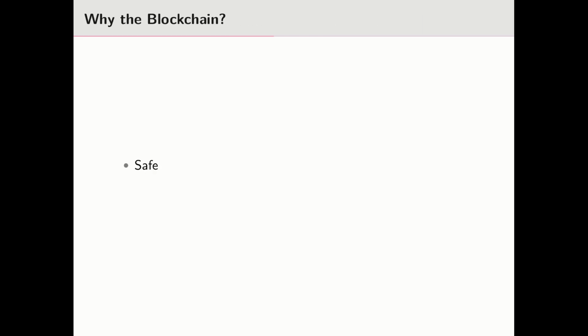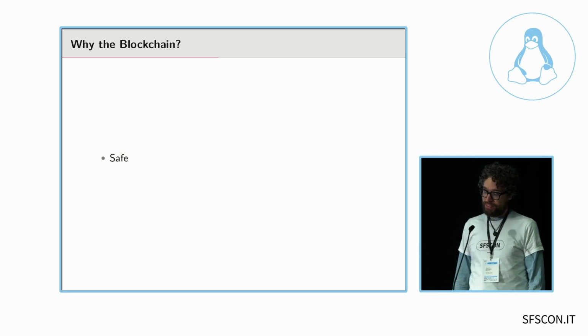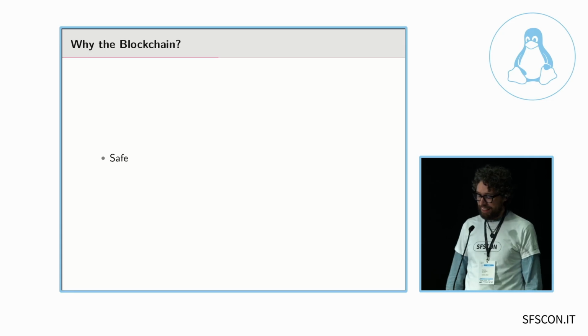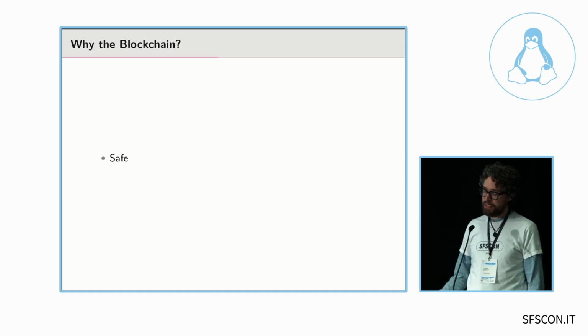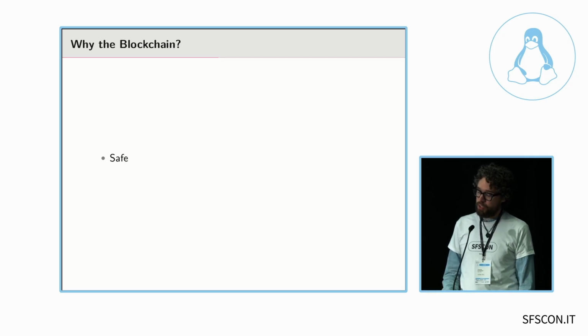So why the blockchain? The blockchain is safe, because, for example, the Bitcoin blockchain is used by millions of dollars, or billions, I don't know the current estimation. So it means it's safe, because if they could violate the blockchain, they could steal billions of dollars.